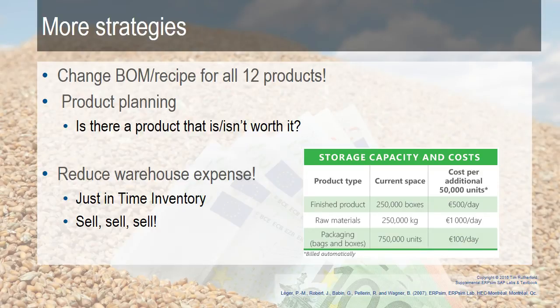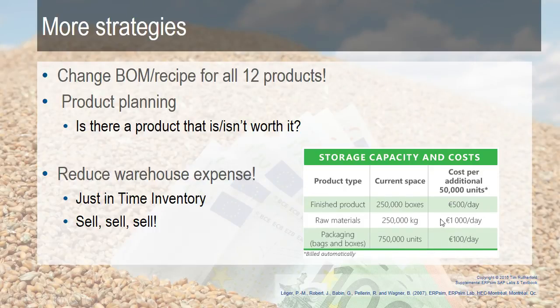You also want to reduce your warehouse expenses. If you're doing just-in-time inventory, where you are receiving your raw materials as you need them for production, you shouldn't have extra warehouse expenses for raw materials. So you can see that you have space for 250,000 kilograms of raw materials, and for the packaging, 750,000 units.